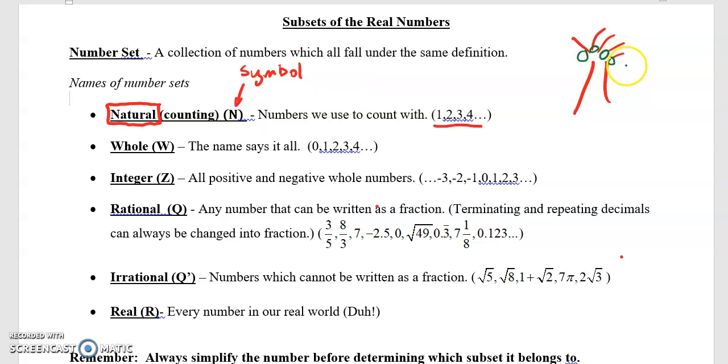A coconut tree cannot produce half a coconut or 2.5 coconuts. It either has a coconut or it doesn't. So counting numbers or natural numbers are numbers that appear in nature, and nature cannot produce half of something. And that's why you can't have fractions in the counting numbers.